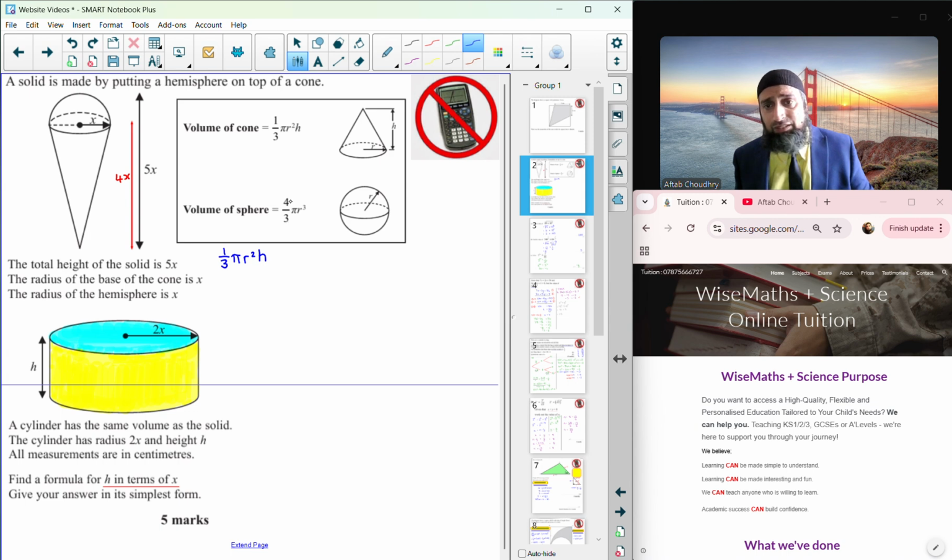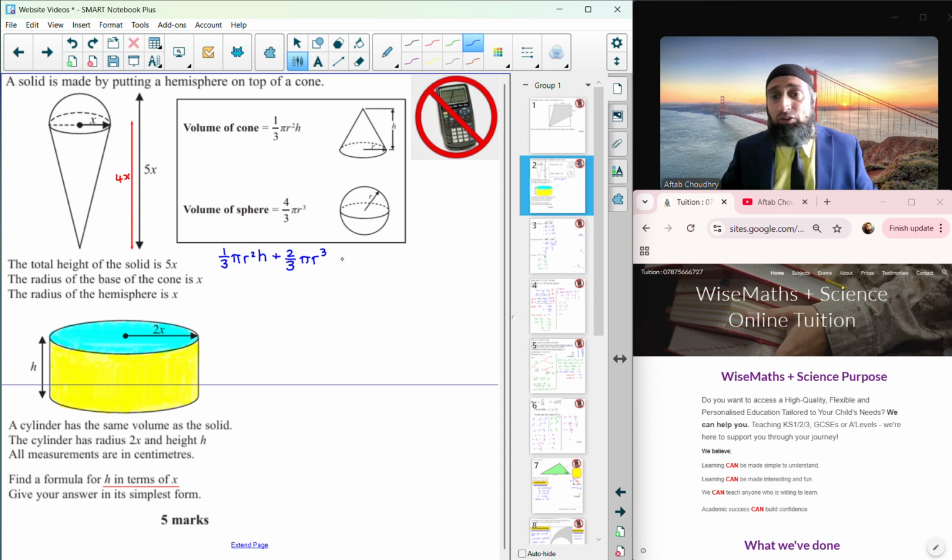Half of 4/3 is going to be 4/6, and that's no different from writing down 2/3 pi r cubed.